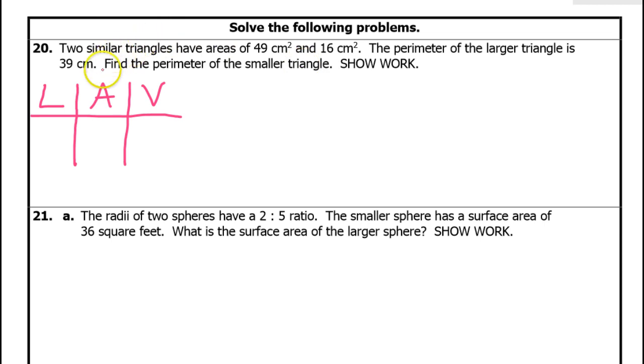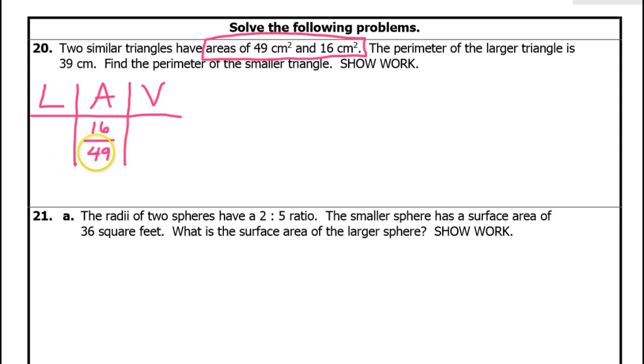In this case, they give us the area scale factor because they say that the similar triangles have areas of 49 square centimeters and 16 square centimeters. All right, so that's two areas. If I go small over big, 16 over 49 would be the scale factor.